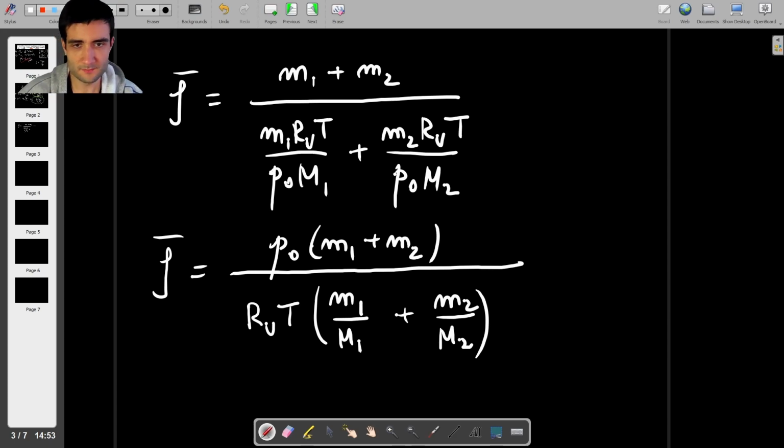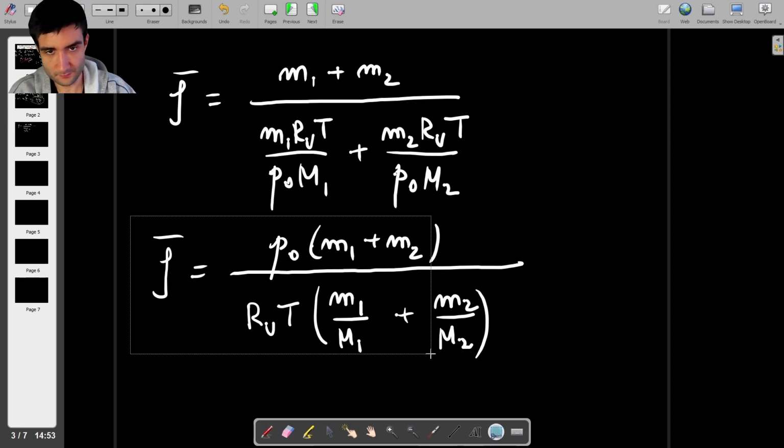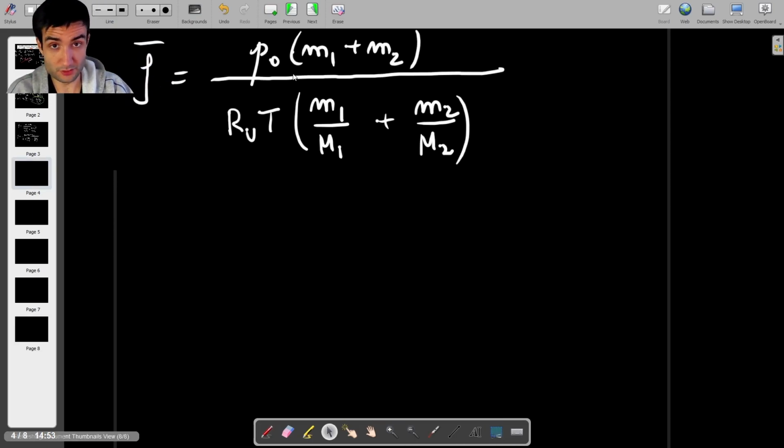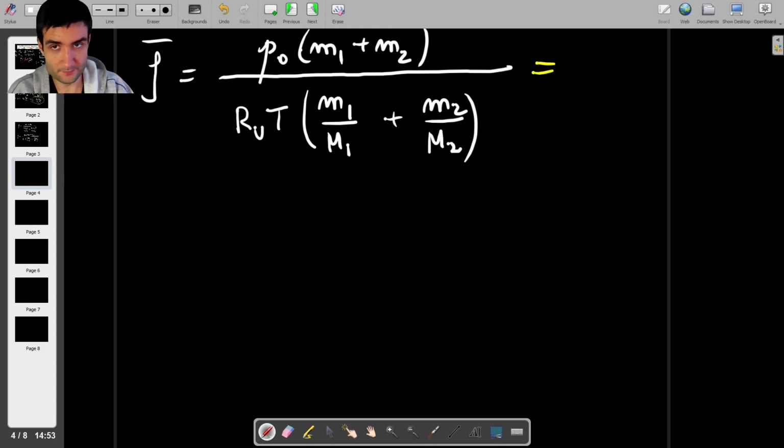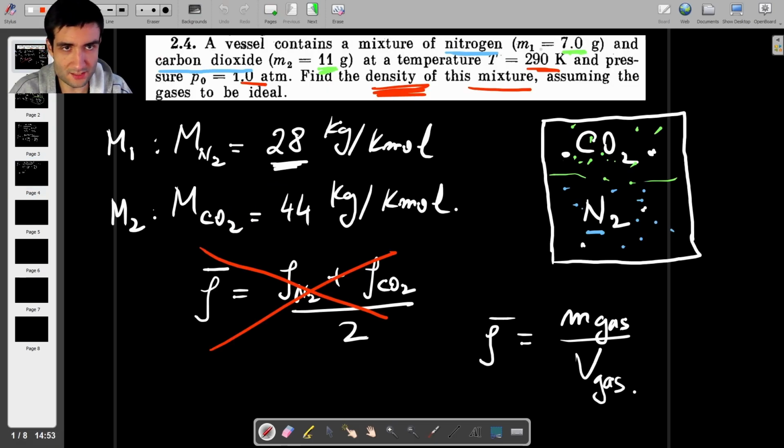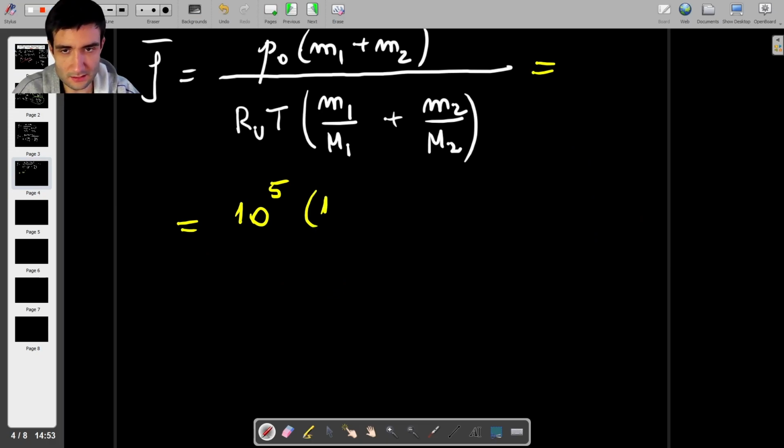In this expression we actually know everything: the pressure, the temperature, the masses. So let's get a value for the density by putting the numbers in. This equals P0, which is 1 atmosphere, 10 to the power 5 pascals, times M1 plus M2, which is 18 grams, so 18 times 10 to the minus 3 because we're working with kilograms.